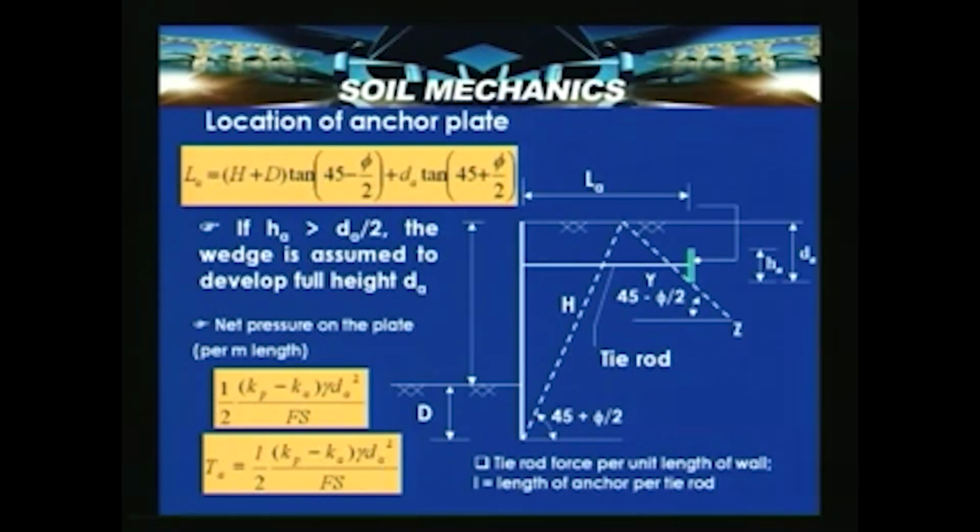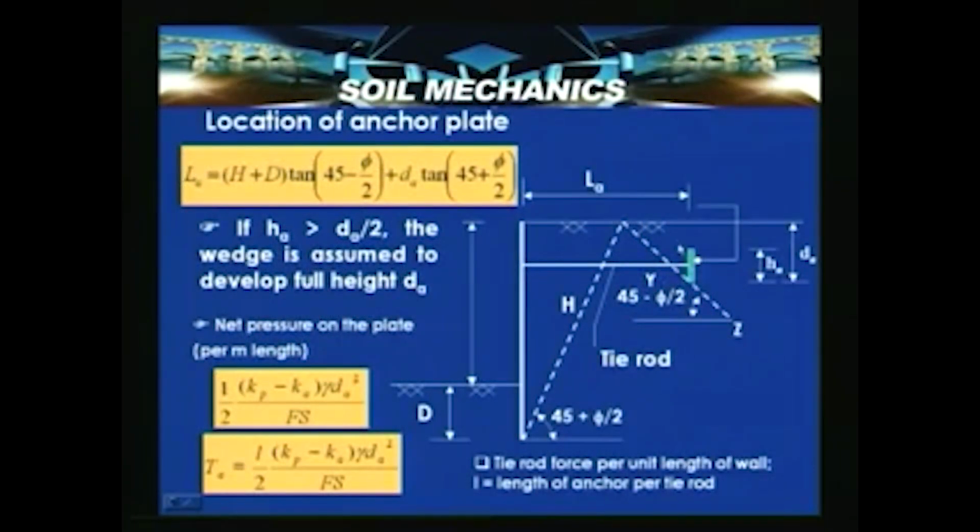Then calculate the tie rod force and design the section which is required, and also locate the anchor safely, so that it will have an adequate anchorage capacity. Also ensure good compaction of the fill in this zone after installation, so that it can have a better anchorage capacity.